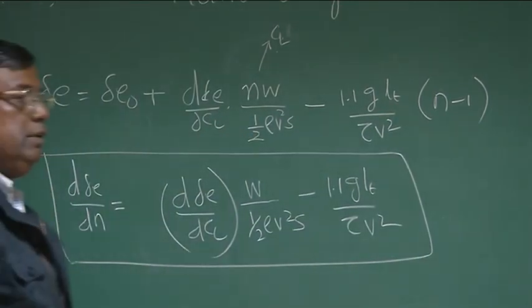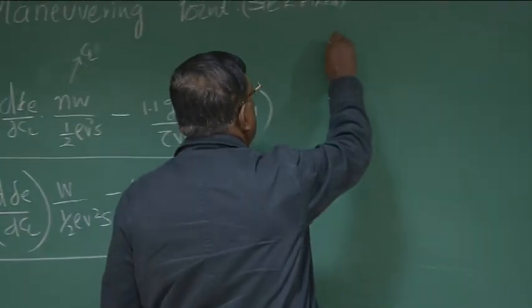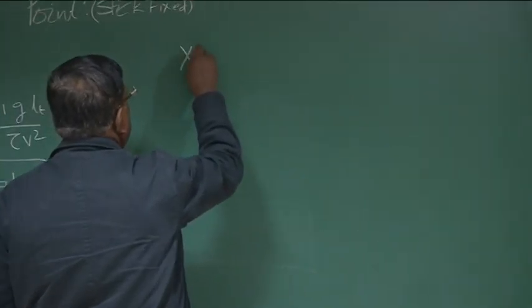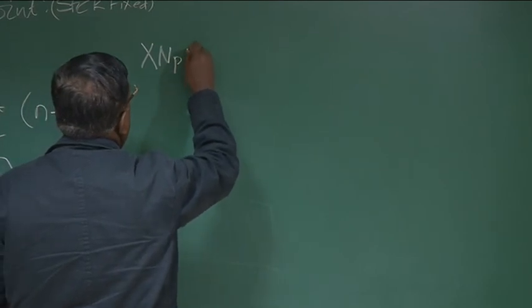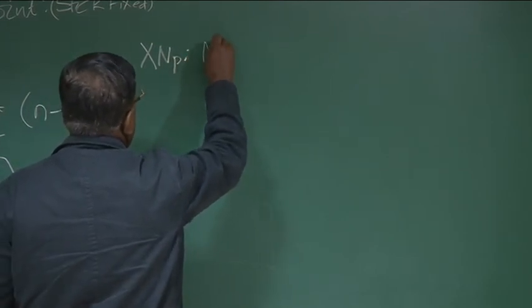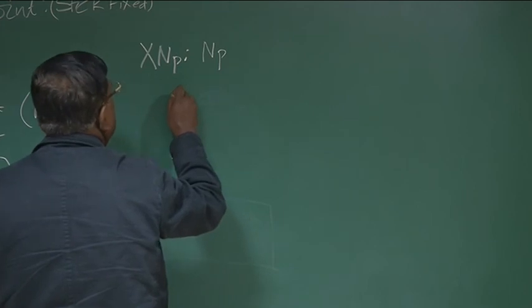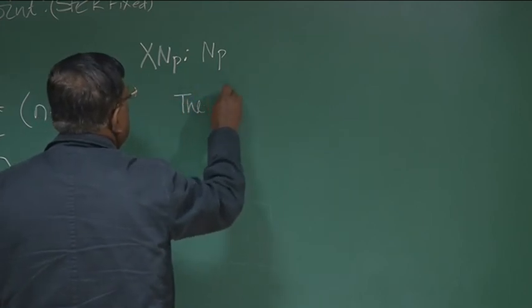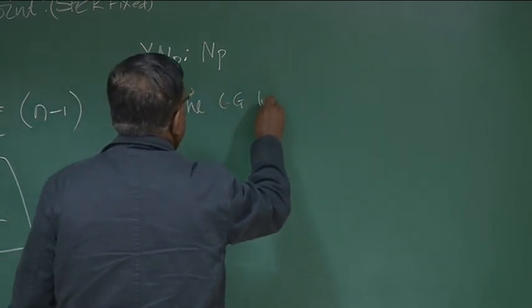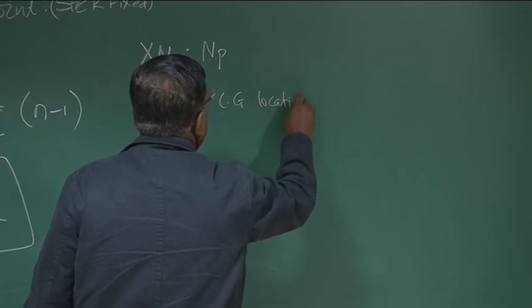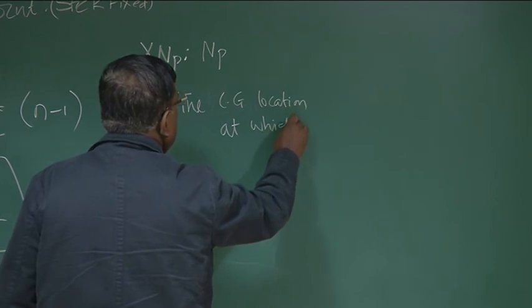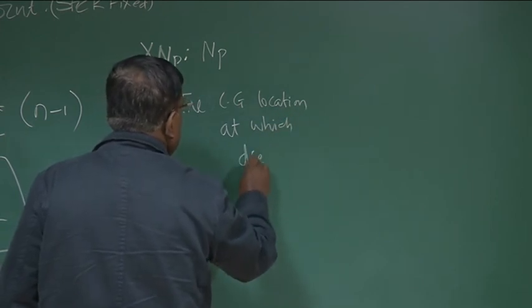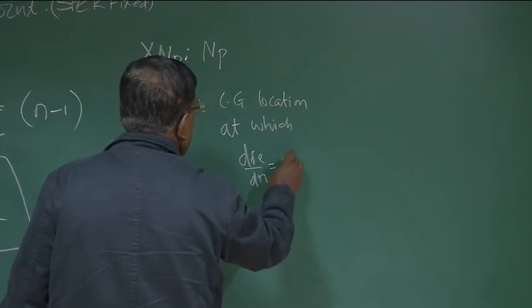We define the stick fixed maneuvering point, that is x m p, or sometimes n p, as the CG location at which d delta E by dn is equal to 0.